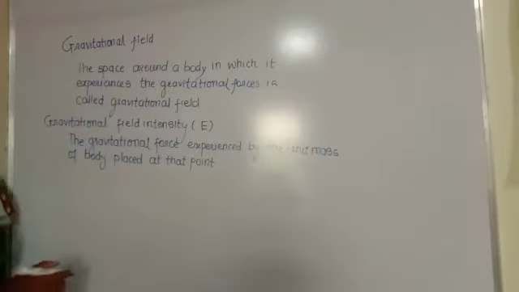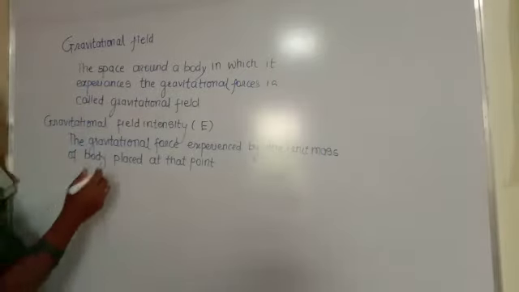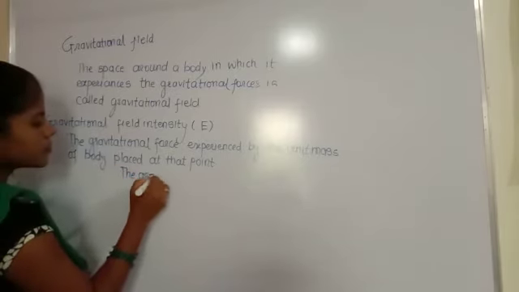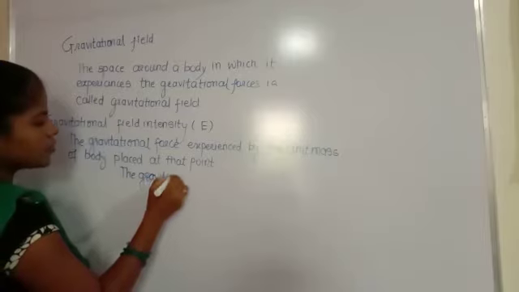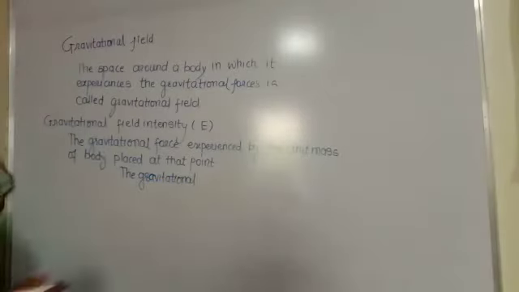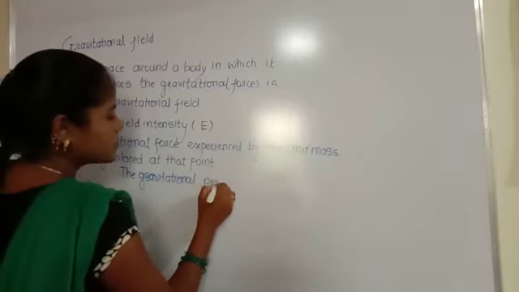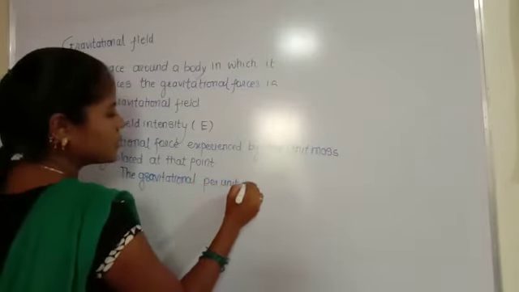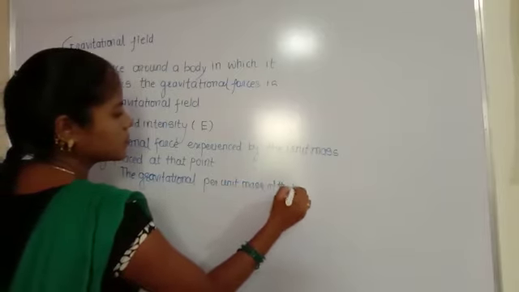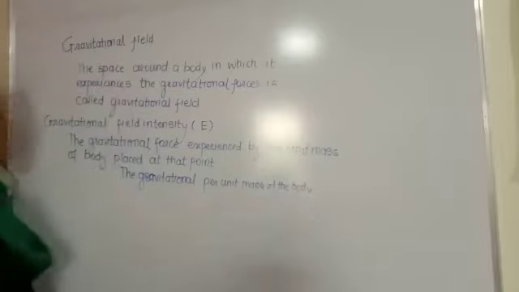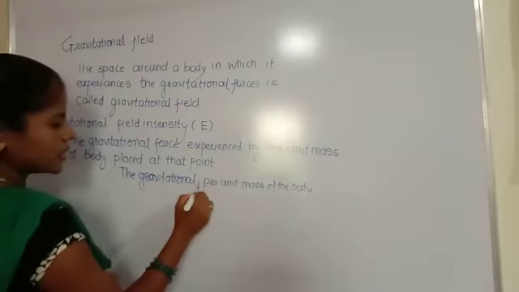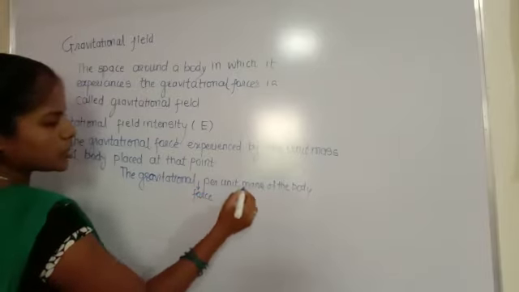So it is also defined as the gravitational force per unit mass of the body. Therefore E is equal to, according to this definition, the gravitational force per unit mass of the body.